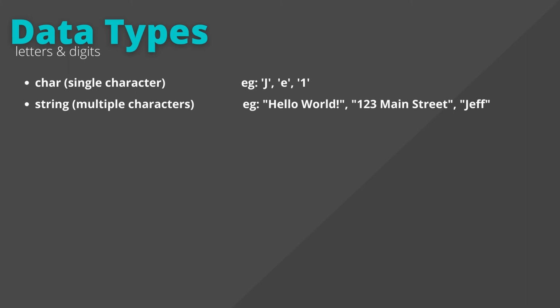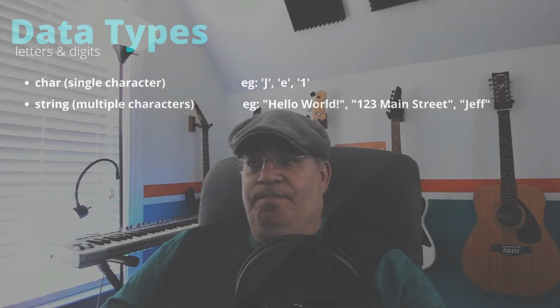So that's called a string literal, because you're literally putting what you want the value of that string to be inside double quotes. Also, I want to point out that a char is single quotes, which is the shift and the quote key on your keyboard on most keyboards, and the string is double quotes.